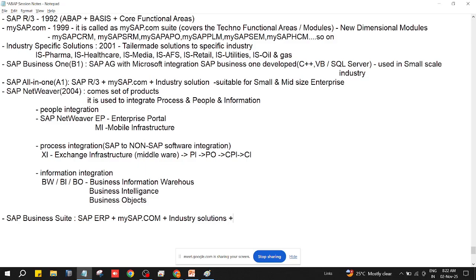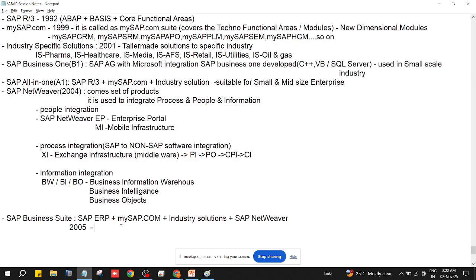Solutions plus SAP NetWeaver. So this was the product launched almost in the year 2005. At that time, this product came in 2005 and it went on till the present date also.